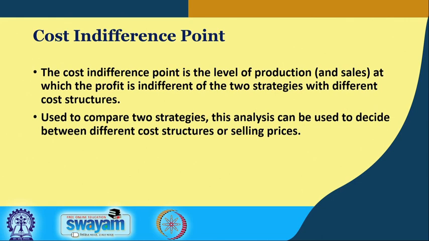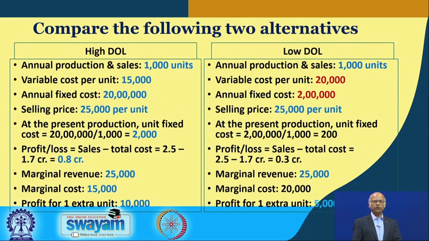Another point is cost indifference point, meaning there will be a point of sales, meaning volume of sales, where these two kinds of cost structure will not be relevant. It will be indifference of the cost structure. The one that we have seen here, there is a higher capital cost structure, there is a lower capital cost structure.